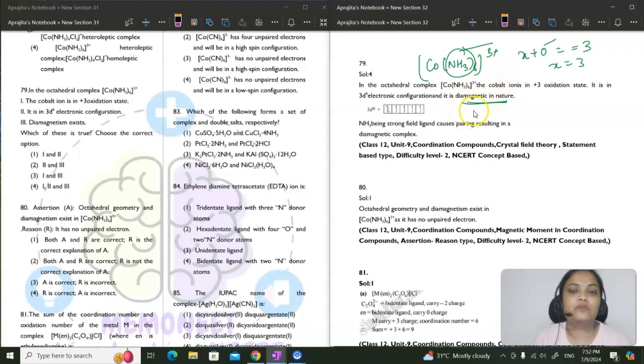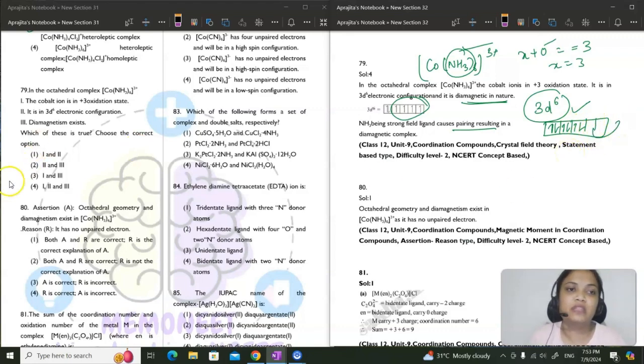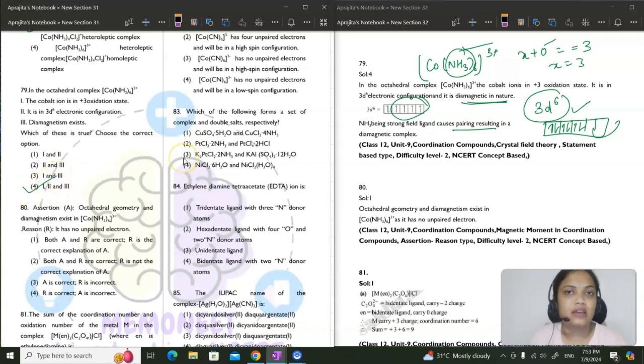If cobalt 3 plus is there, it will be 3d6. Diamagnetism exists. Yes, ammonia being a strong field ligand will cause pairing of these electrons. Pairing will happen, the 3d6 electrons will get paired up, and d2sp3 hybridization will be there. So all three statements are correct. It is a diamagnetic compound because pairing is happening.